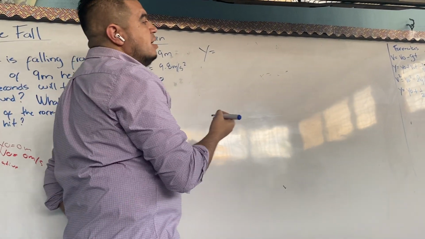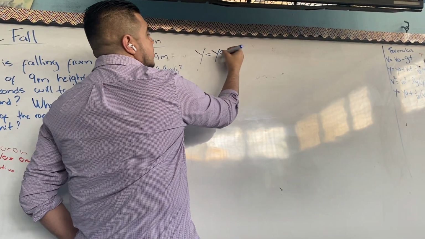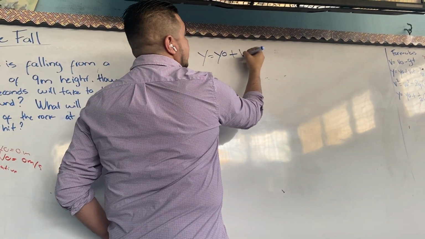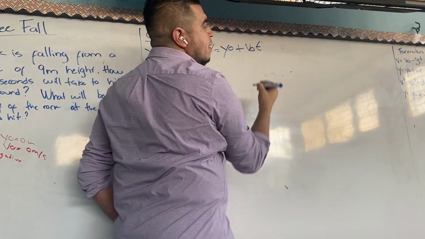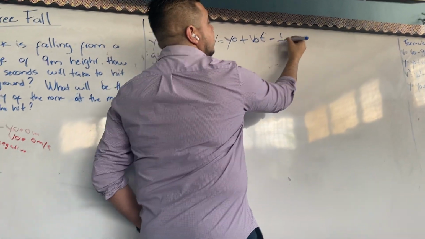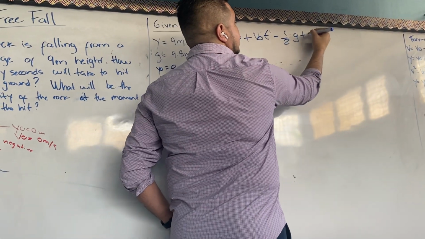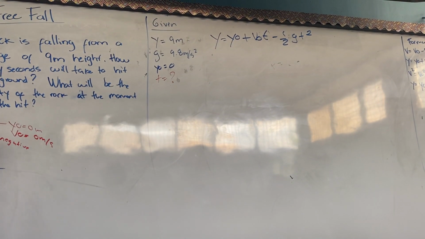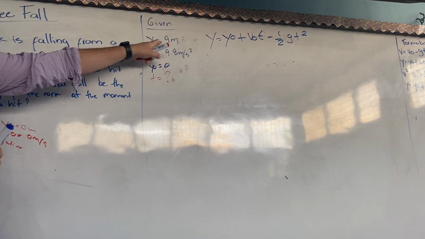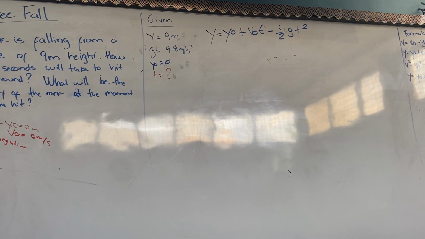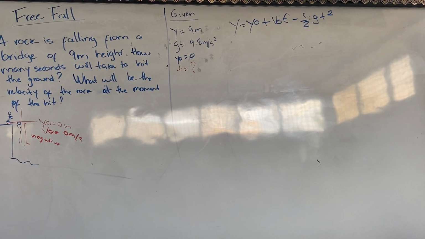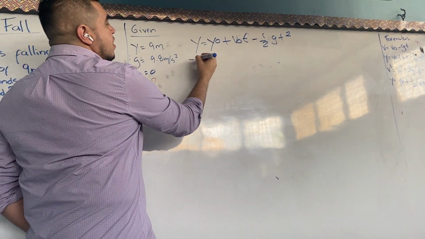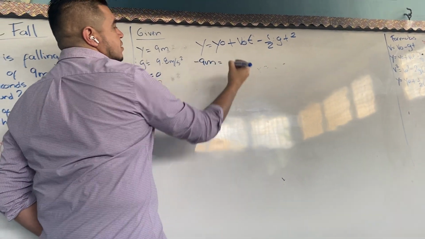So we have y is equal to the initial position in y plus the initial velocity multiplied by the time minus 1/2 the gravity multiplied by the time squared, like this, right? Now we have the 9 meters, that is the y, but remember, this distance goes below the origin of the axis, so it will be negative 9 meters.